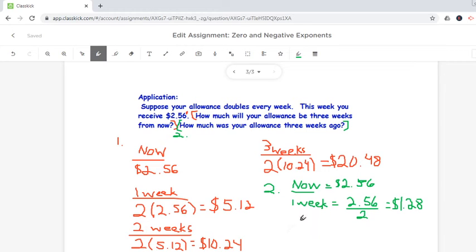Okay, now we do 2 weeks ago. Okay, so now we take this $1.28 and we divide by 2. And we get 64 cents.